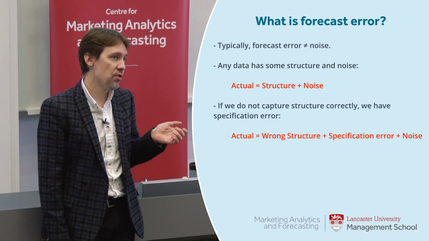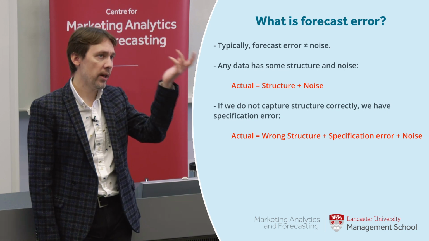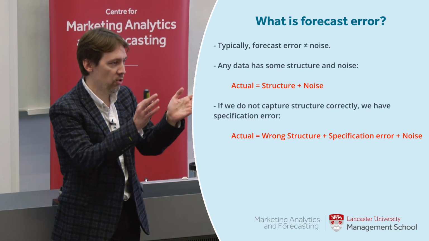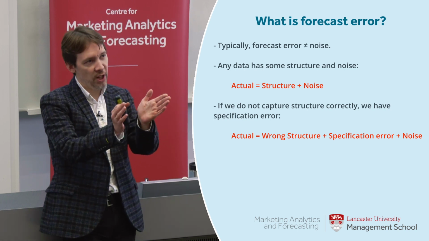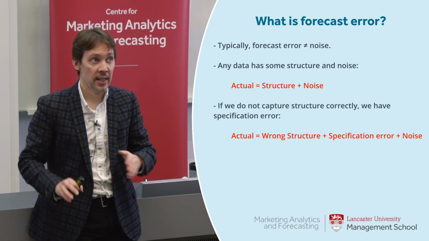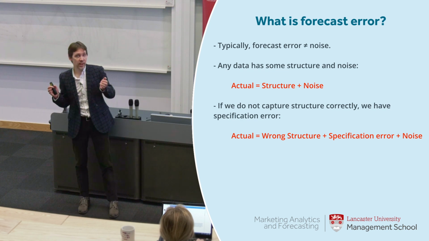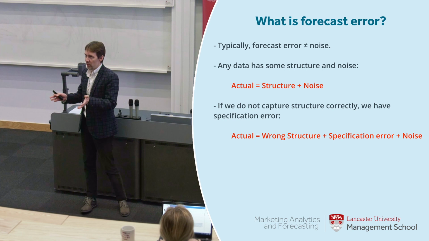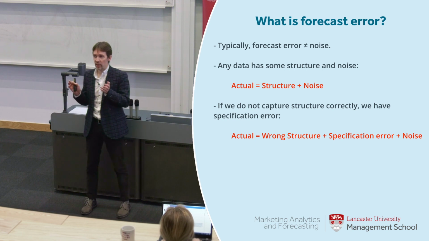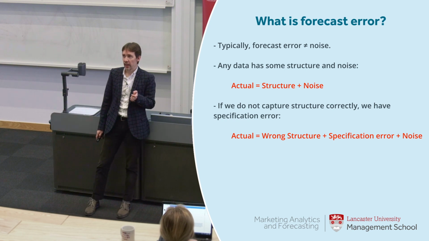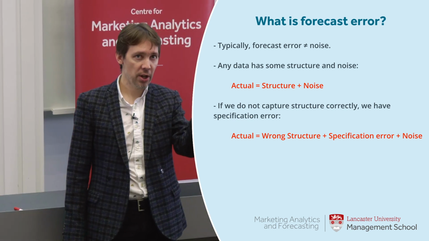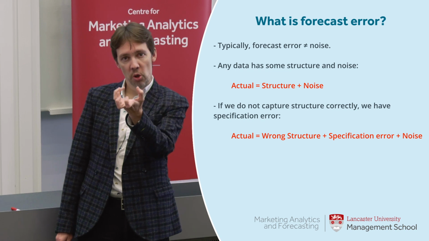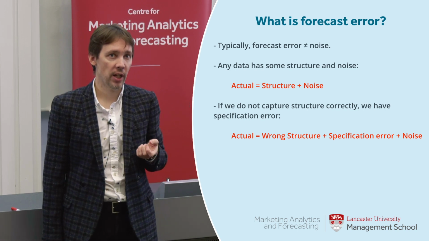If we do not capture the structure correctly, then based on our estimated applied model, we have a wrong structure, we have specification error, and we have some noise. And in real life, we never know what the true model is. As a result, we will inevitably have the wrong structure and specification error. And when we take the difference between actual and the structure, in this case the wrong structure, we get a combination of noise and the specification error.